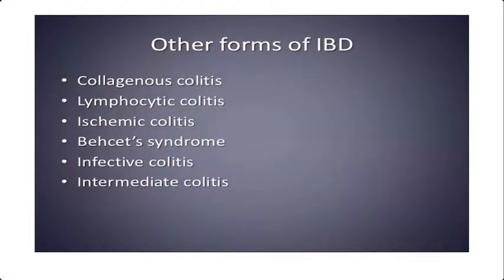So other forms of inflammatory bowel disease include collagenous colitis, lymphocytic colitis, ischemic colitis, Behcet syndrome, and infective colitis, such as, for example, amoebiasis and other forms of infectious disease, then intermediate colitis.